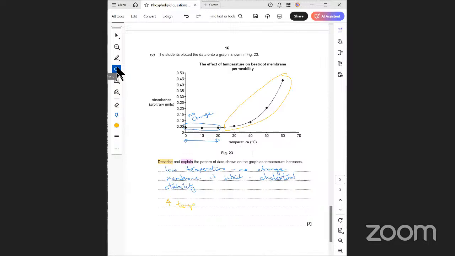There is then a steep increase in absorbance. Why might that be the case? Well, remember, an increase in temperature is going to result in an increase in kinetic energy. If there's an increase in kinetic energy, that's going to mean that there's going to be more leakage.